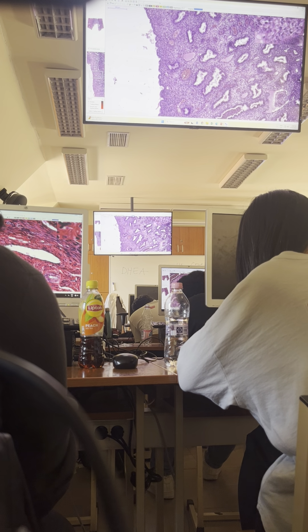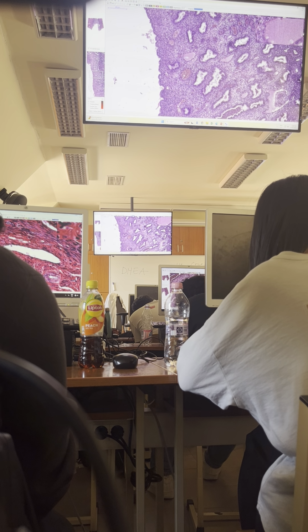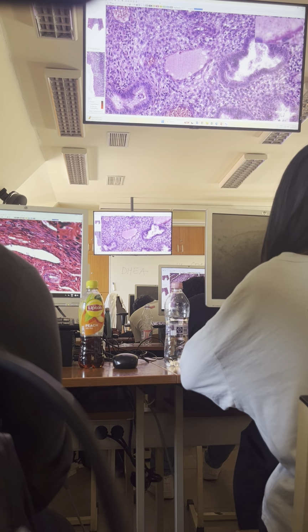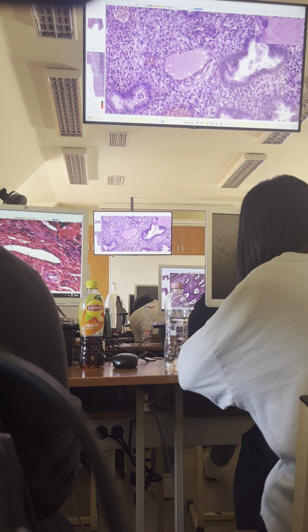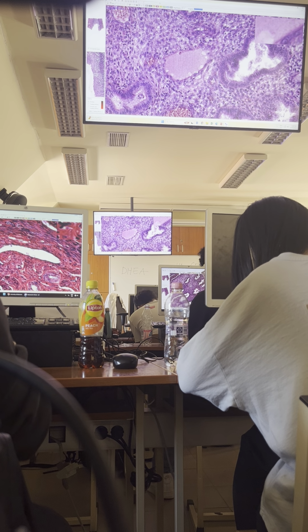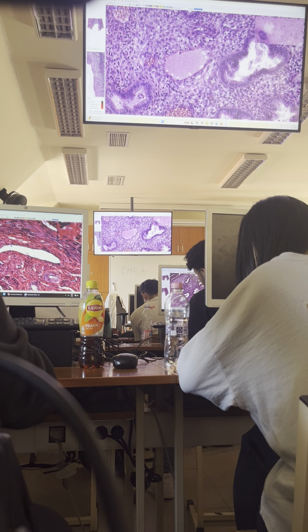And in the upper part of the spongy layer, or even in the compact layer, you can see these dilated blood vessels, which are called lacunae.